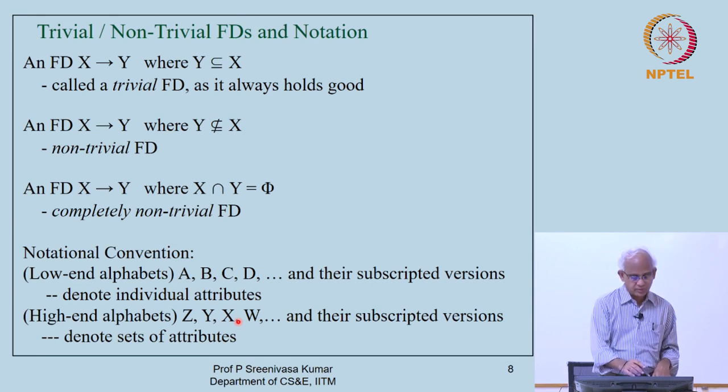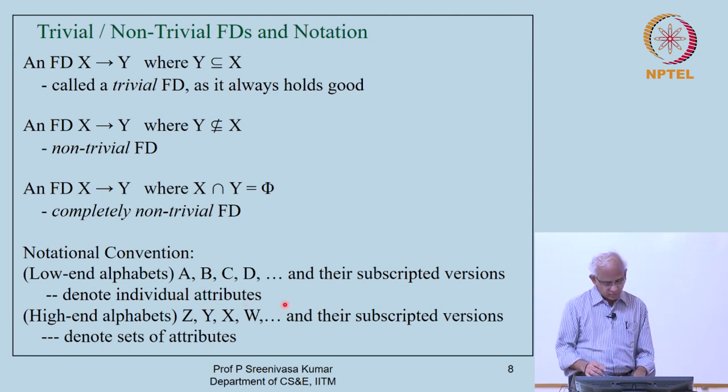That is why in the functional dependency we have always been writing x determines y. So x is a set of attributes, y is a set of attributes. If we want to talk about an individual attribute, we will usually write A1, A2, B1, B2, C1, C2, letters from the lower end of the alphabet, just to make it easier to remember.